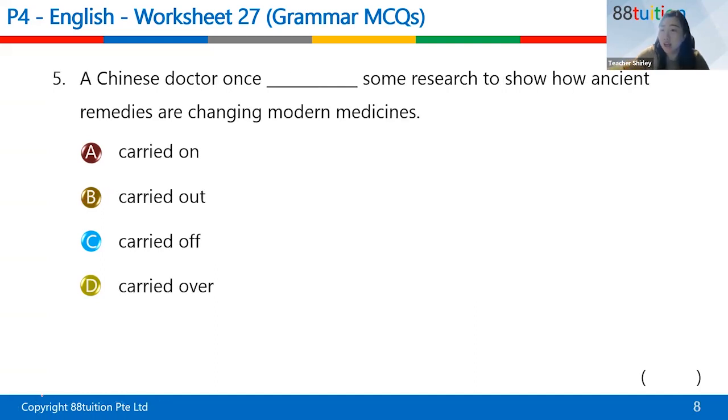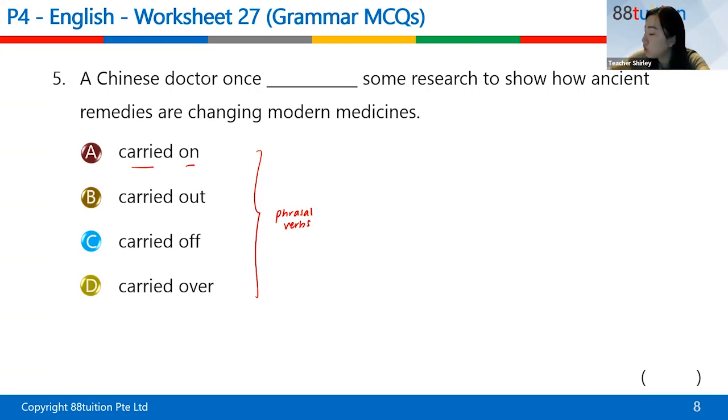Okay, now next one. A Chinese doctor wants to carry out some research to show how ancient remedies are changing modern medicines. So all these are what we call phrasal verbs. Phrasal verbs have a verb and then a preposition at the back. When you change the preposition, the meaning changes as well. So what do we mean by carried on?